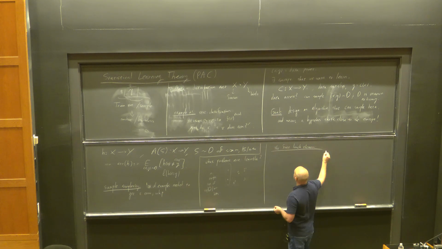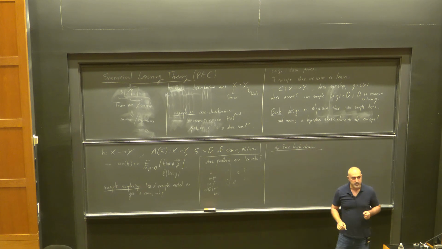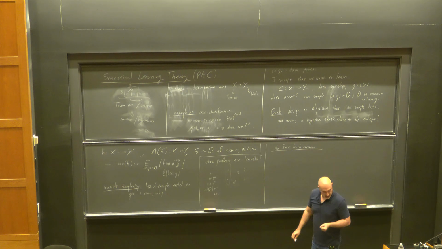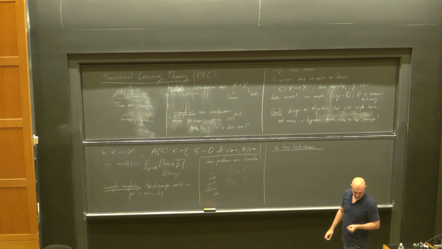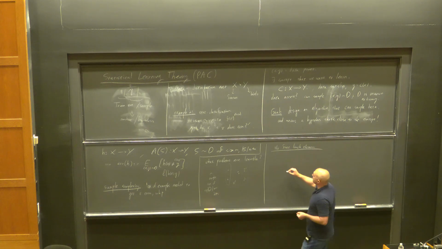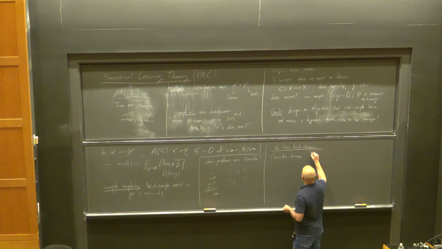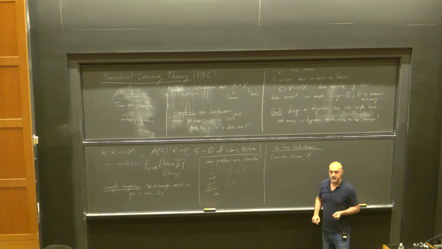And the theorem says the following. I'm just going to give it to you, and then prove what I mean. So it says I have a considered domain. I'm going to say formally what Elijah said informally.